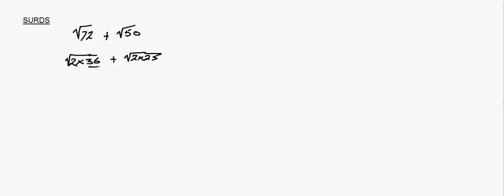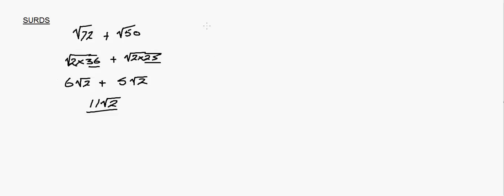Now my root number is 36, so the root of 36 is 6, leaving me the root 2, plus, now the root of 25 is 5, so this comes out of the bracket, leaving me root 2. So now this is easy. If I've got 6 root 2's and I add another 5 root 2's, then I have 11 root 2. And that will be my answer.